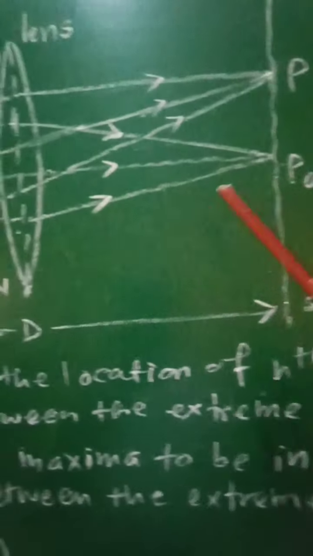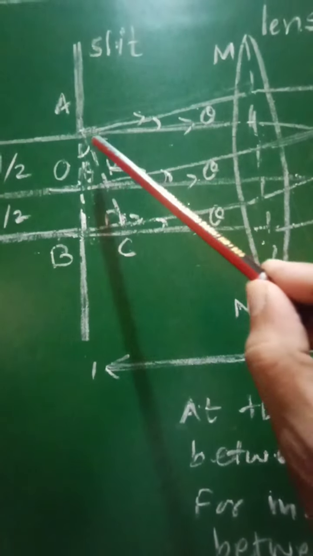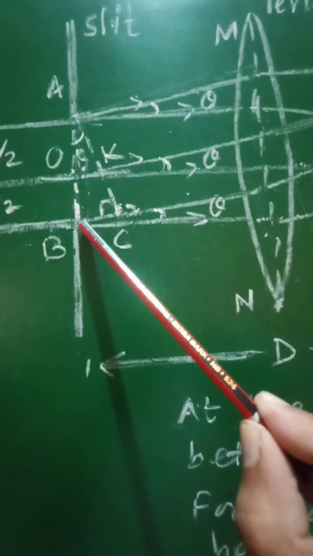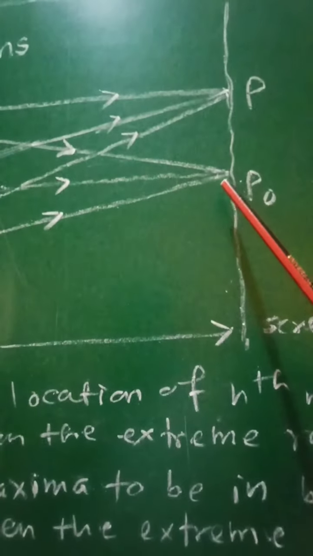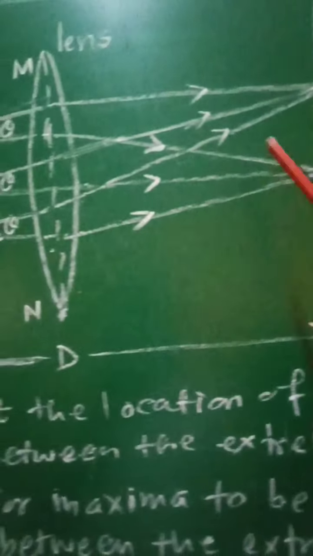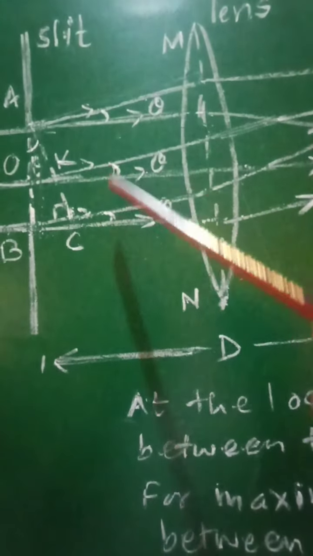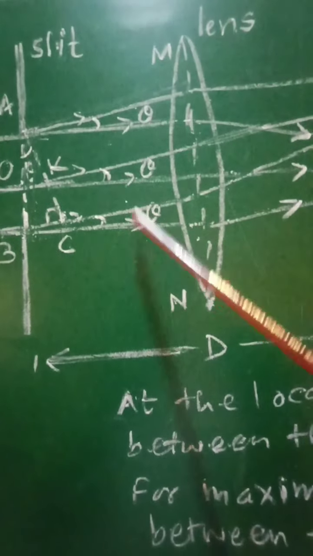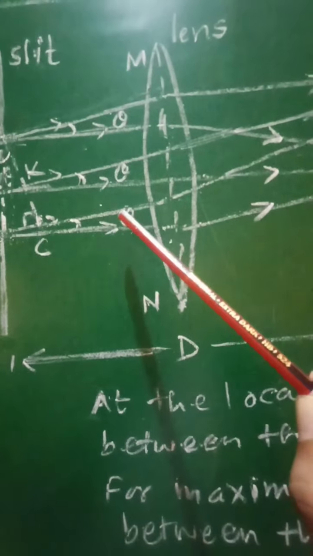Therefore, as these waves are emitted from the slit AB at the same time and reach point P0 at the same time, between the extreme rays there will be no net path difference, or the path difference between the extreme rays will be equal to 0.